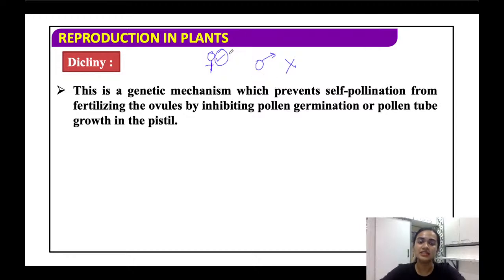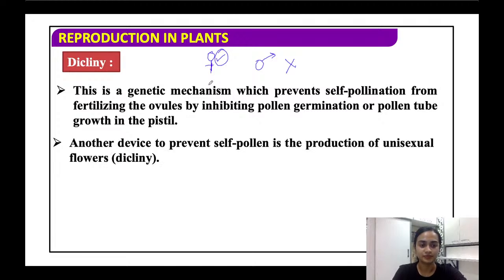It generally prefers cross pollination, so a mature anther from some different flower will come here and help this matured female get pollinated. This is what causes dicliny.